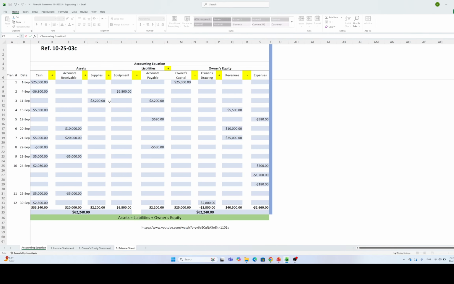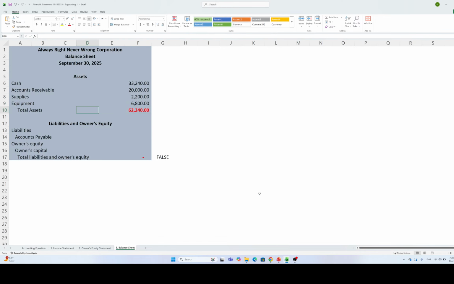In the equipment column we have one transaction, and we just copy the balance, $6,800. So that gives us total assets of $62,240.